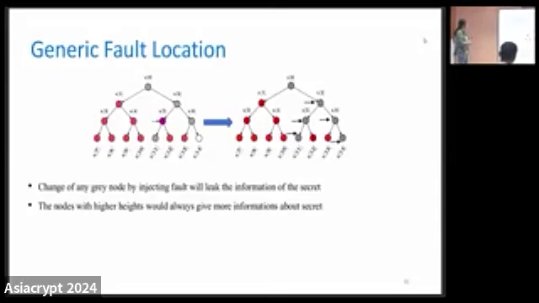The condition is the node should be of red color and its parent should be of gray color. So for the X0 node, it is gray already, and if we inject the fault, then it will be red and its parent will be red. So we cannot get the corresponding seed value from this node. Okay, thanks.